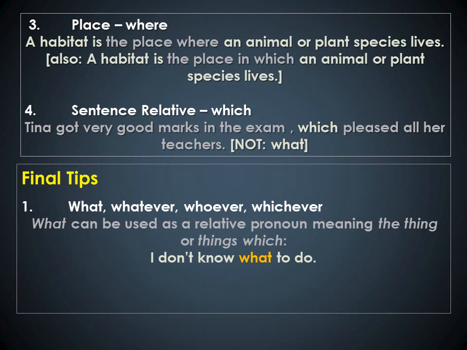But yes, let's compare. What can be used as a relative pronoun, meaning the thing or the things which. Observe the example: I don't know what to do, I don't know the things which I have to do. So attention to this, okay?